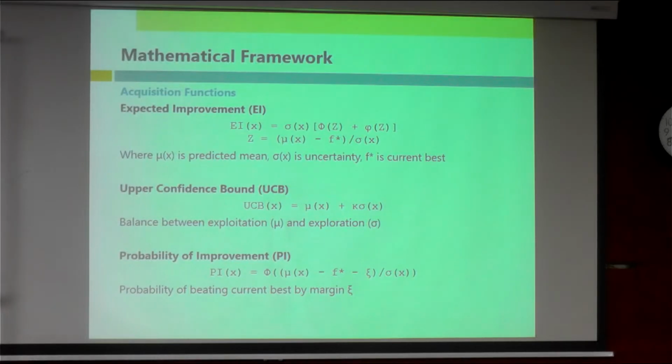Higher kappa means more exploration, and lower kappa means more exploitation of known good regions. Region here means the scope of the property of the material. And the probability of improvement, PI, calculates the probability of beating the current best by a margin of xi. So that is the mathematical framework of the acquisition function.